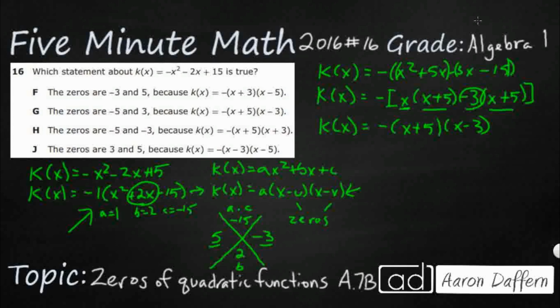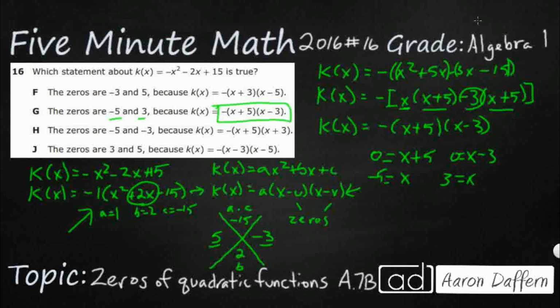If we set x plus 5 equals 0, then x is going to equal negative 5. We can do the same thing here: x minus 3 equals 0, so x is going to equal positive 3. We see our factored form right here.